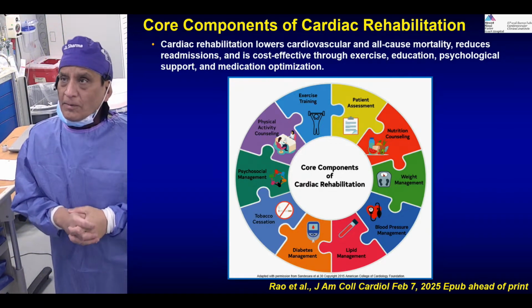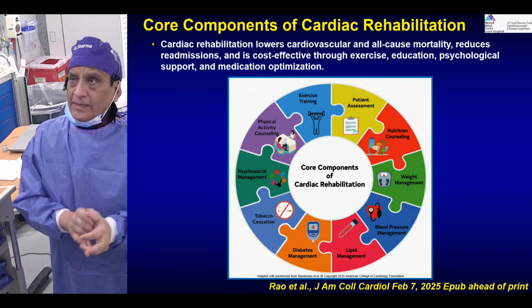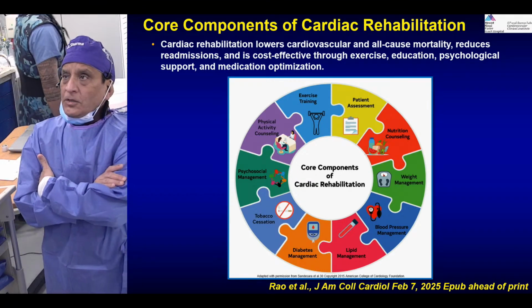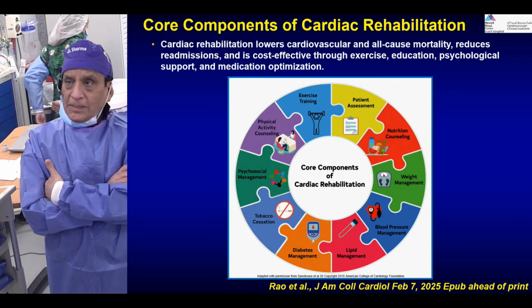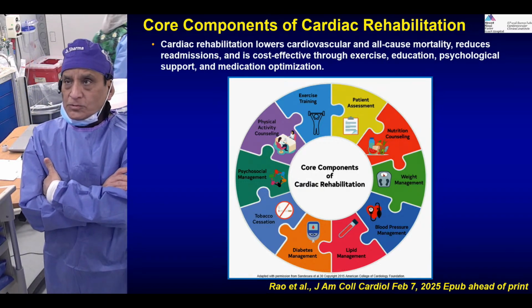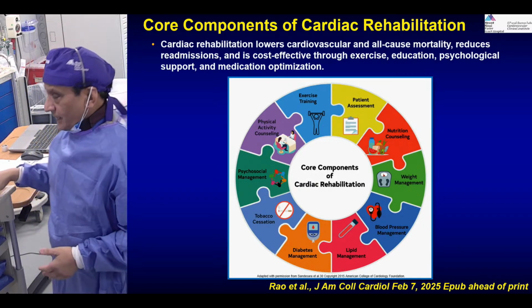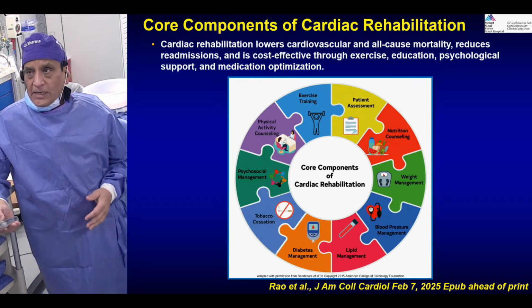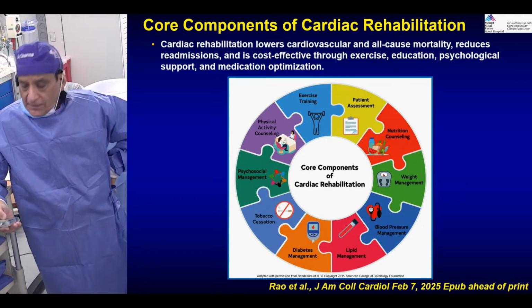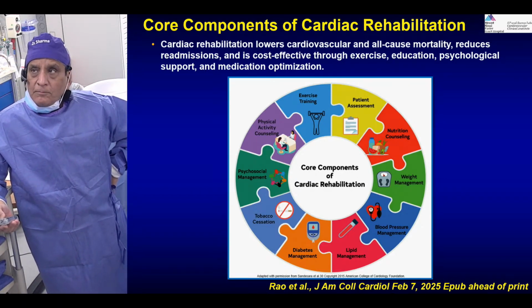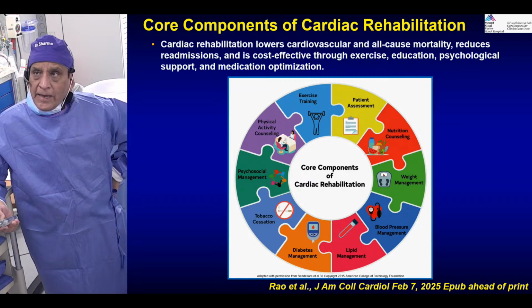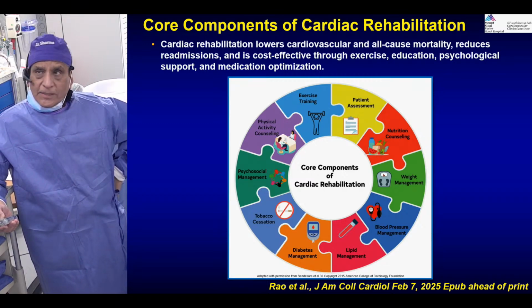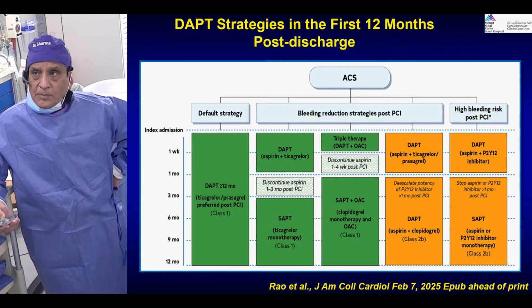And there you talk about not only exercise but everything: patient assessment, nutrition, weight management, blood pressure management, lipid management, diabetes, tobacco cessation, psychosocial, physical activity, and exercise training. Training is basically about 30 minutes, 5 times a week of moderate training to lower cardiovascular and all-cause mortality, reduce readmission, and be cost-effective through exercise, education, psychological support, and medical optimization.